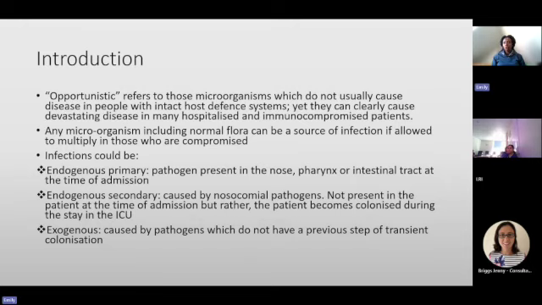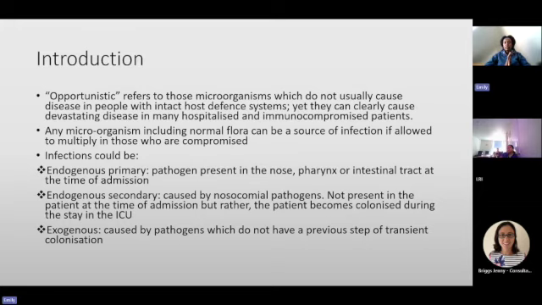And this could be from your normal flora, which end up multiplying out of control, and you getting an infection. It could be some endogenous primary pathogen. Maybe you have usual bacteria in the nose, in the pharynx, which end up causing infection.